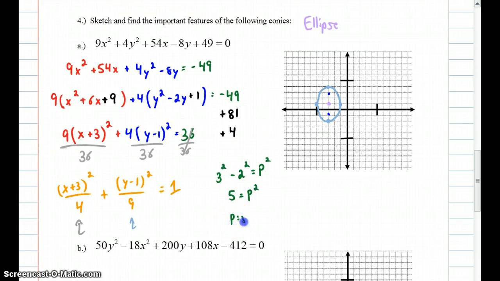So p equals the square root of 5, which is a little bit more than 2. So my point's a little bit off, but if I want to say exactly where they are, I would say it's at negative 3, comma, and it's up 1, plus or minus the square root of 5.